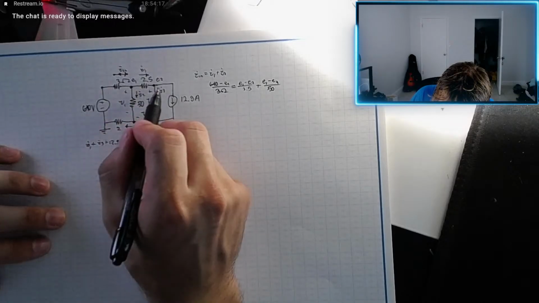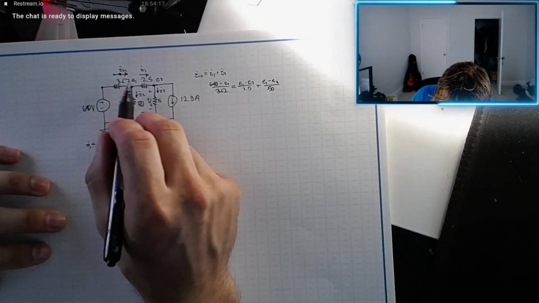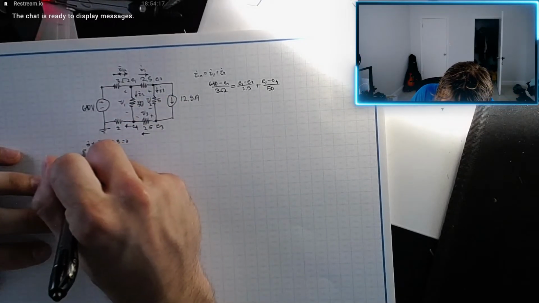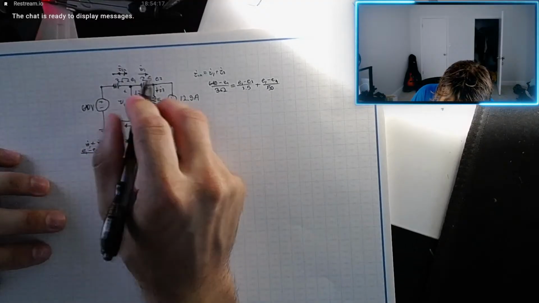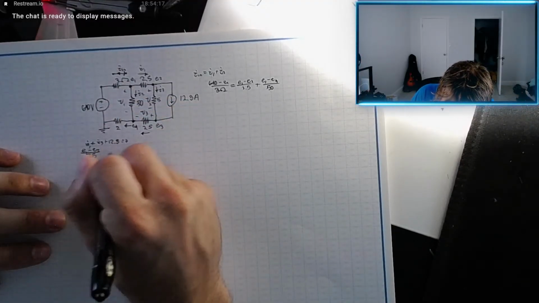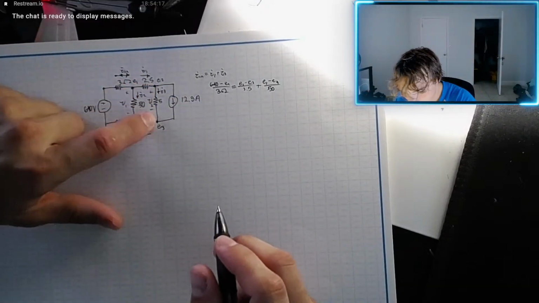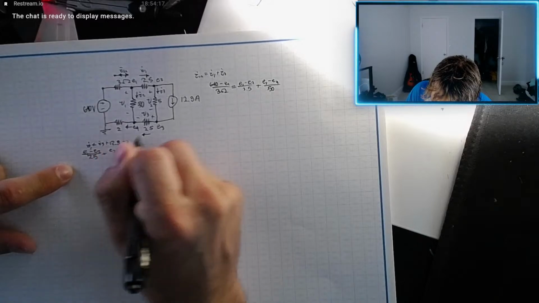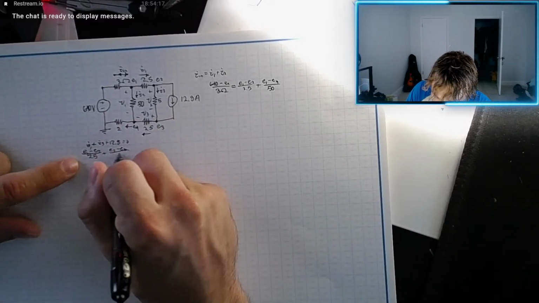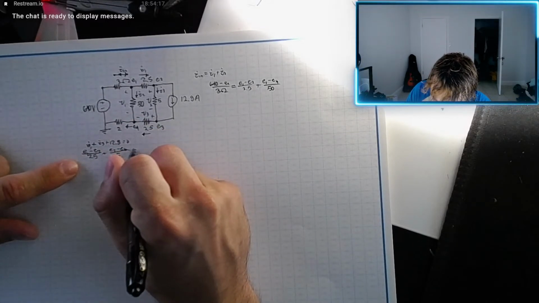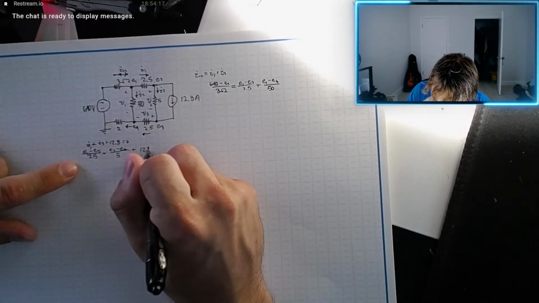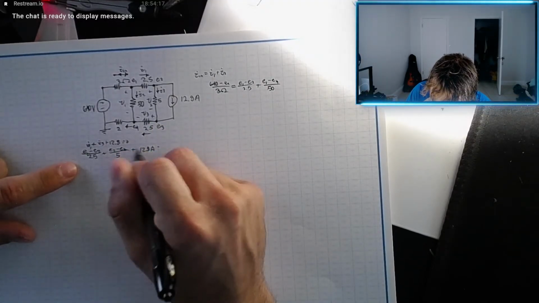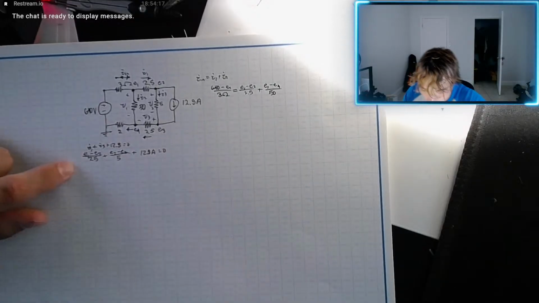What's I1? I1 is E1 minus E2 divided by 2.5 ohms, plus I3. I3 is this current here, which is E2 minus E3 divided by this resistor that it's flowing through, 5 ohms, plus 12.8 amps equals 0.